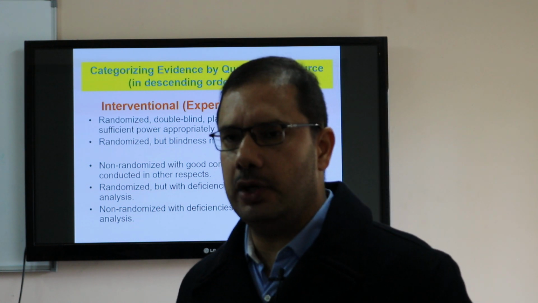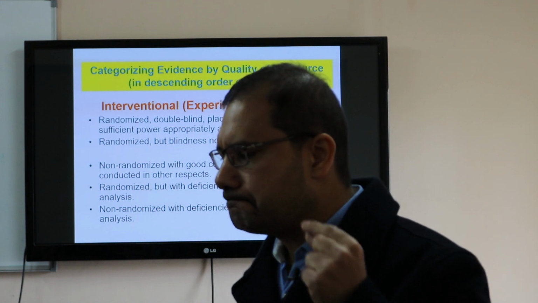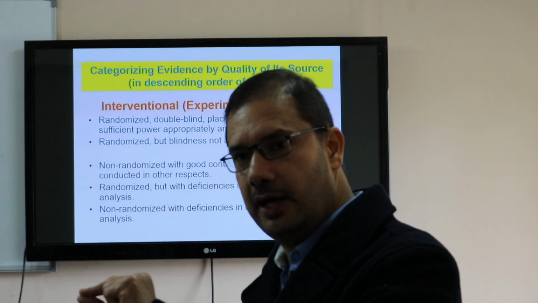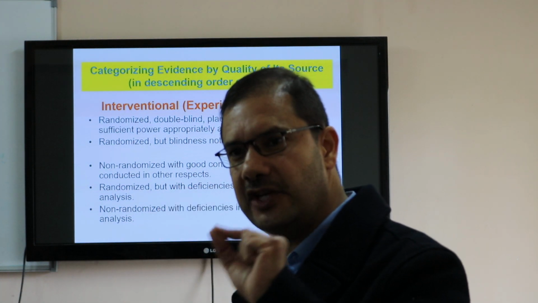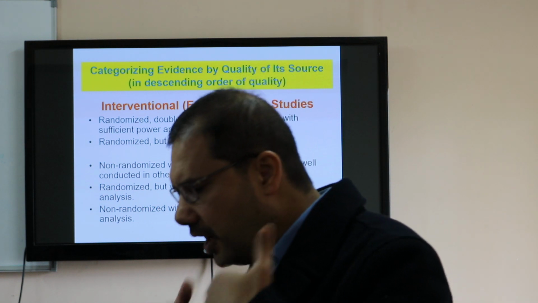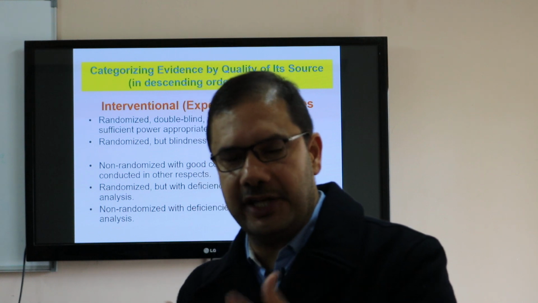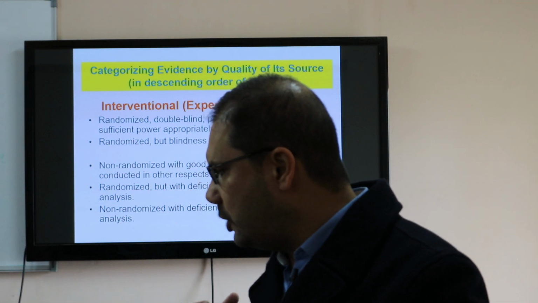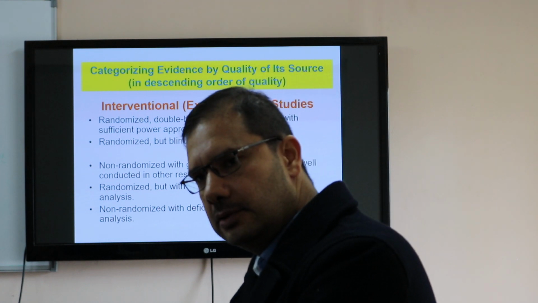Some studies we cannot blind. For example, if I need to do an interventional clinical trial, like at the University of Iowa, where pharmacists educate patients about taking care of their blood pressure. One group, I will educate them.